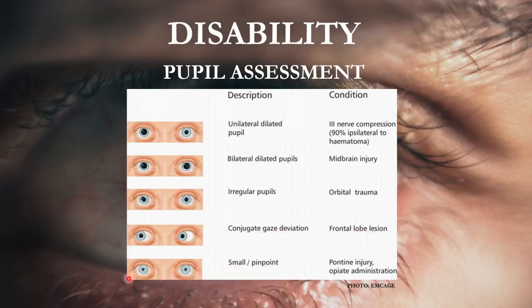And then small or pinpoint pupils, which is one of the common observations under pupil assessment, could be due to an injury to the pons or pontine area, or due to medications like opiates, morphine for example. Pinpoint pupils. This is one of the common findings in critical care, in patients who took an overdose of opiates, for example.